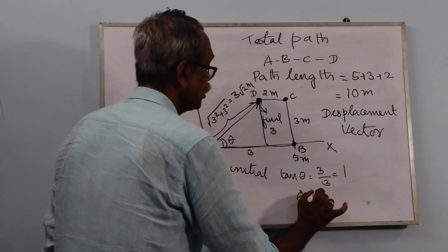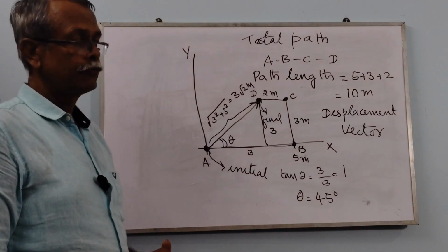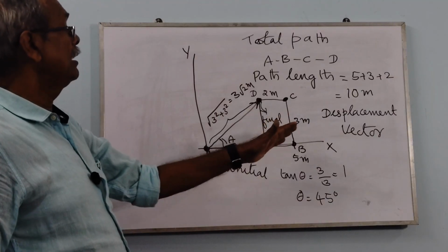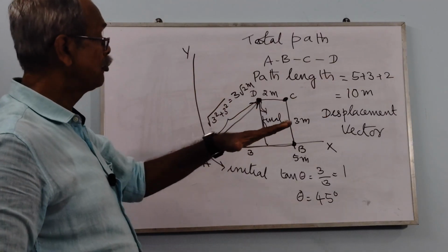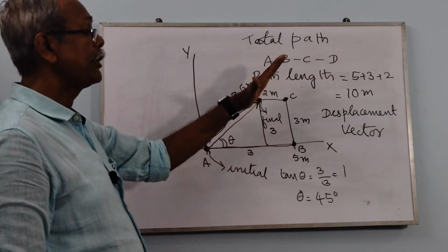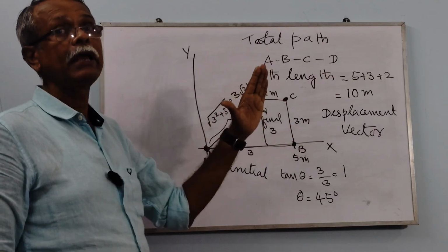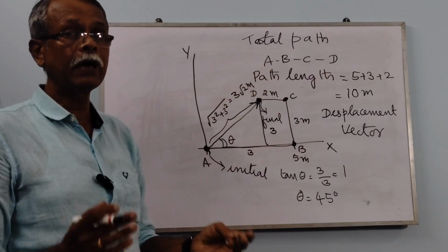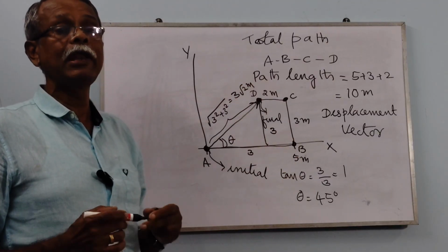Therefore, theta is equal to 45 degree. So, the distance travelled is 10 meter, that is a number, but the displacement is a vector having magnitude 3 root 2 meter inclined at 45 degree to the x-axis. That is how the displacement vector is to be evaluated.